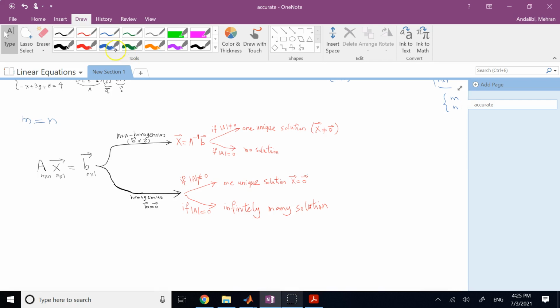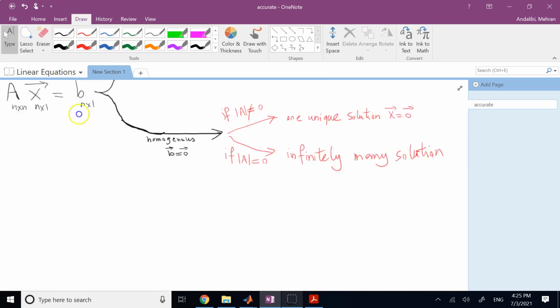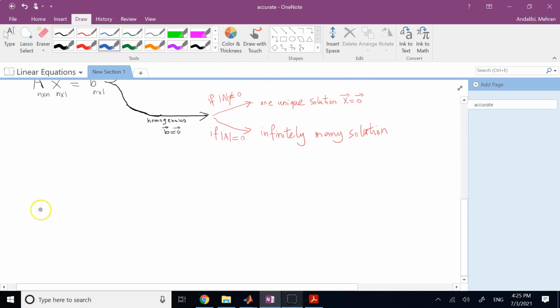So what is that? A condition number in general for a matrix, we call it kappa. So the number kappa for a matrix A is defined as, well, it is a little bit mathematical.